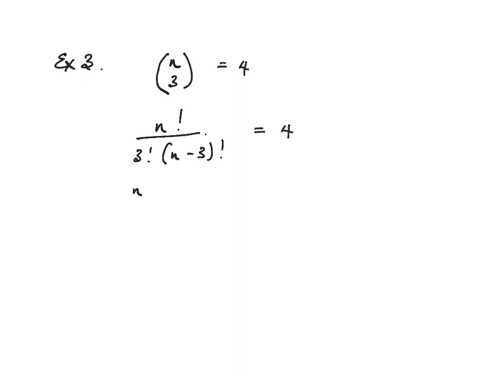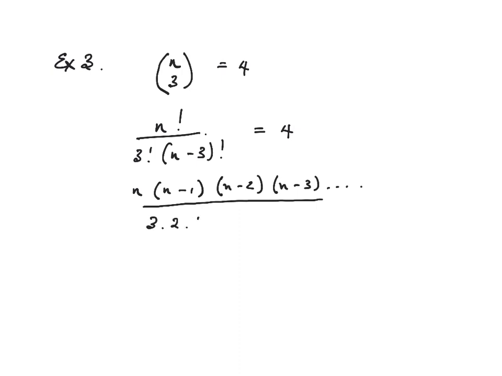So that's n times n minus 1, n minus 2, n minus 3, 3 factorial is 3 times 2 times 1, and n minus 3 factorial is n minus 3, n minus 4, etc. And that equals 4.